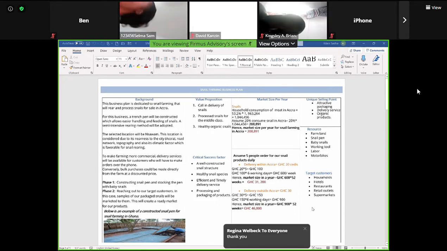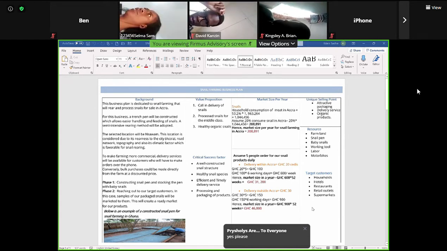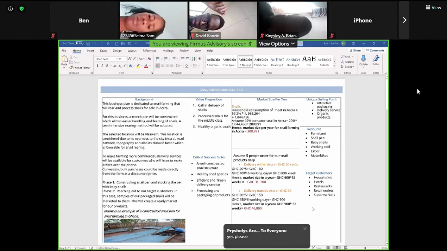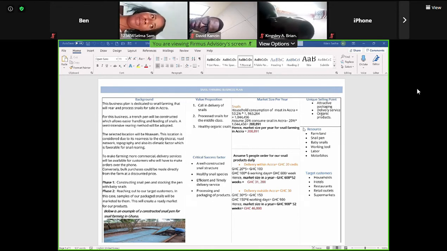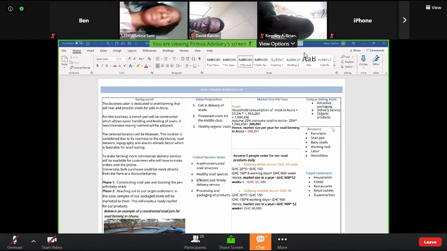Also, there are people who would probably supply me food that I can use in feeding the snails. All those people become my partners. Then the target is household, hotels, individuals, and all those people.